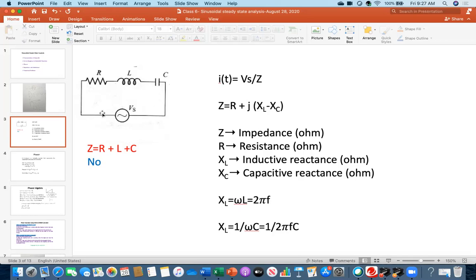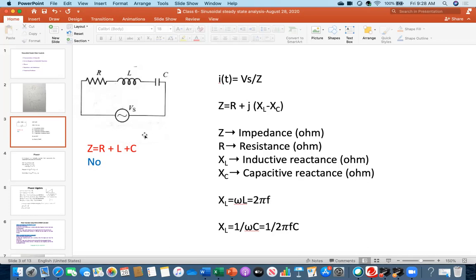So in most cases there was the impact of resistance only. In a pure DC circuit, you always deal only with R. You never deal with L and C. And you remember in DC circuits you learned many theorems like superposition theorem, Thevenin's theorem, Norton's theorem, delta-Y conversion, Kirchhoff's current law, Kirchhoff's voltage law, current divider rule, voltage divider rule.